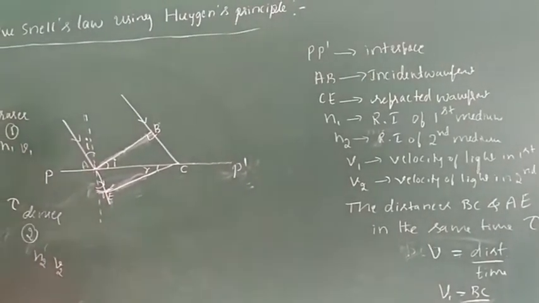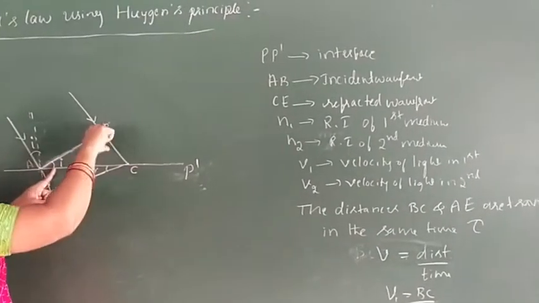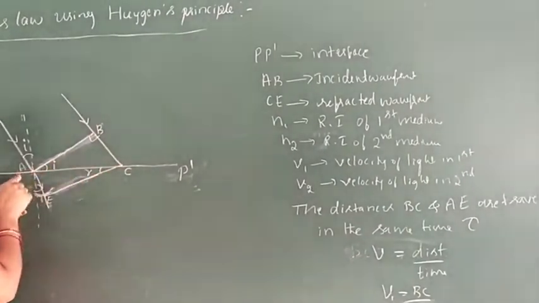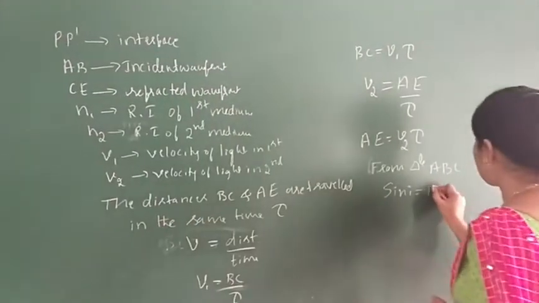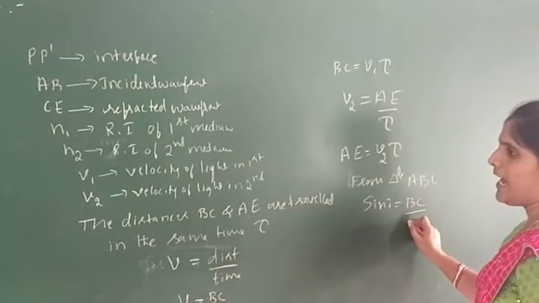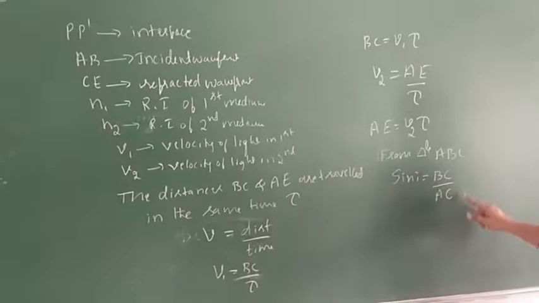Opposite by hypotenuse. Here theta is I, therefore sin I is equal to, the opposite side is BC and the hypotenuse side is AC. Okay, sin I is equal to BC by AC.